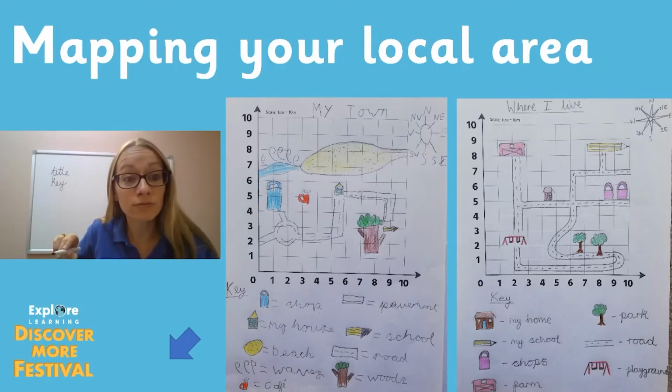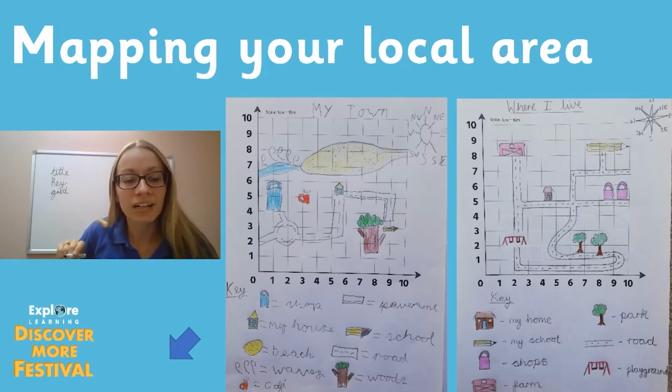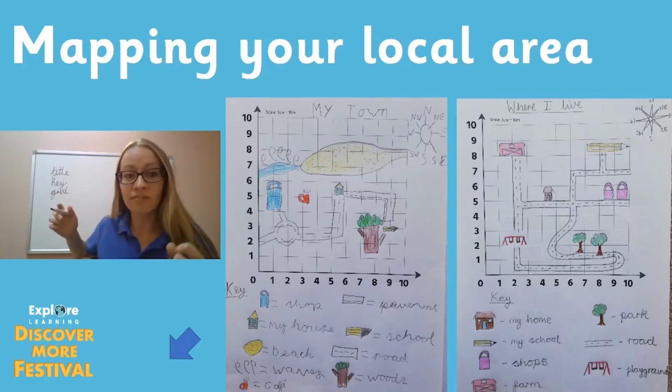And it is useful to have a grid to place your features onto. We can include a compass rose to help us with directions.